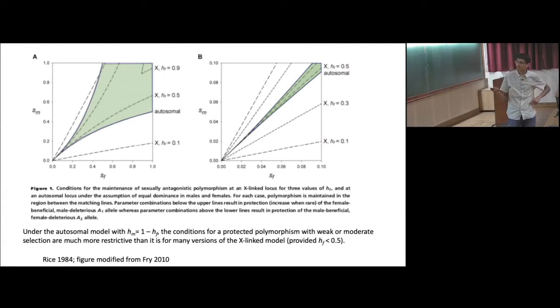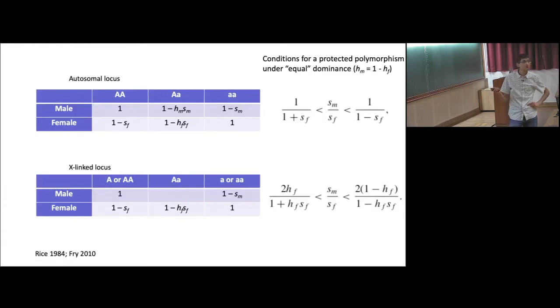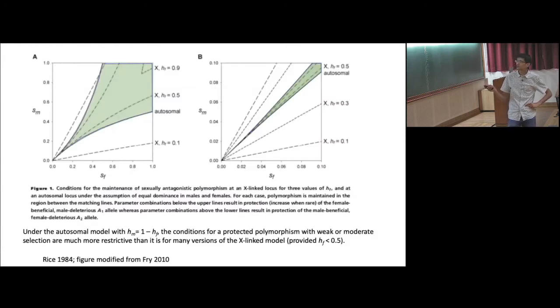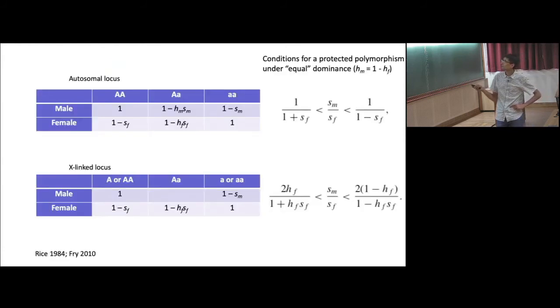I want to point out that this is done under this particular assumption of what I refer to as equal dominance. And what it means is that if the big A allele is dominant, it's dominant in males and it's dominant in females. Conversely, if the little a was the one we thought dominant, it would be dominant in males and it would be dominant in females in the same equal way.